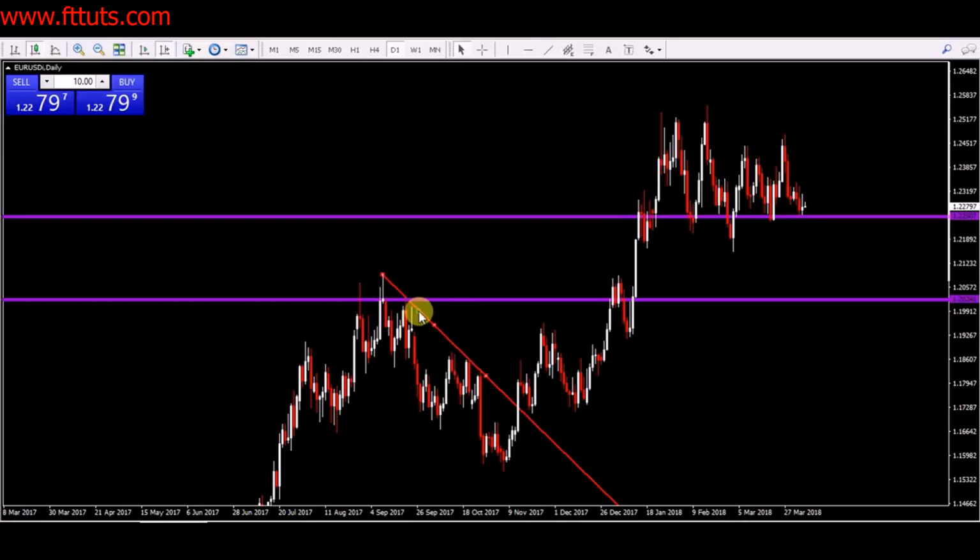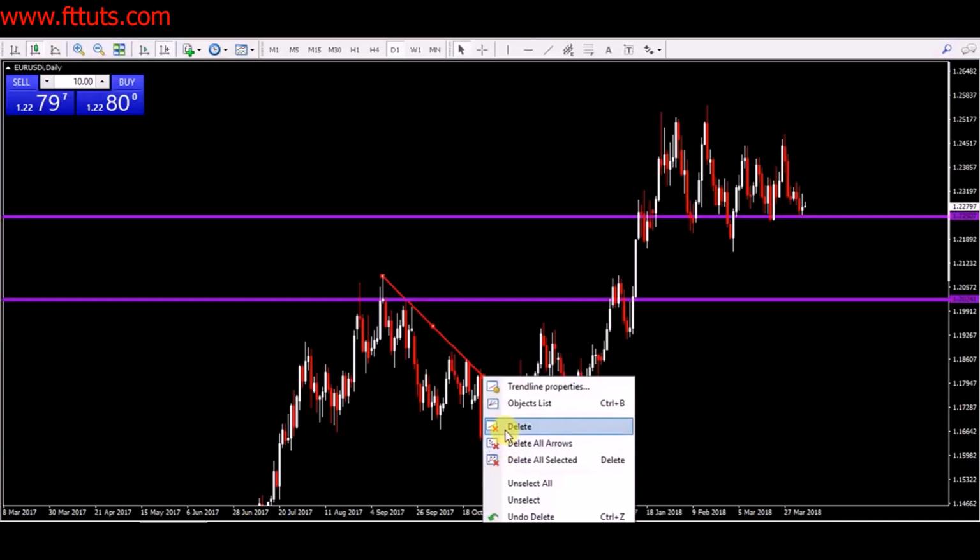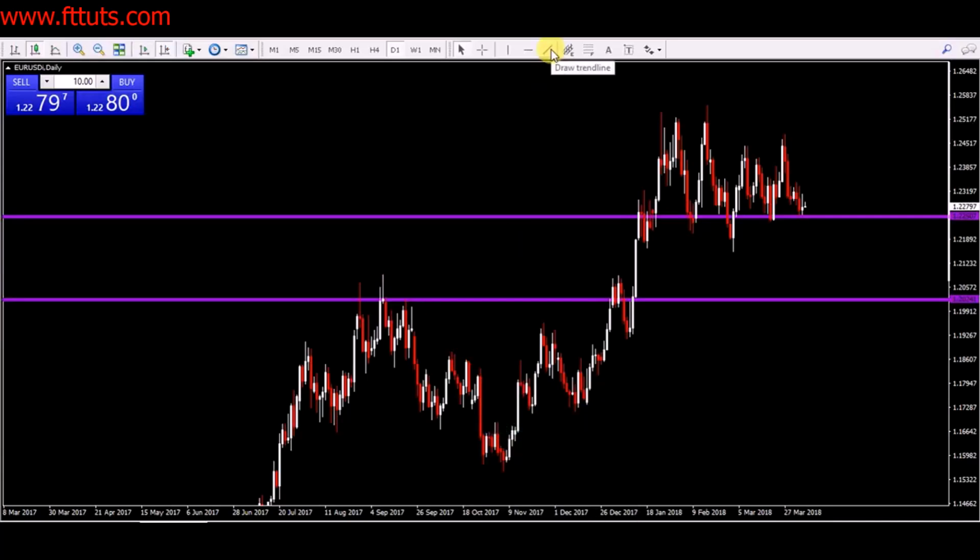Typically, how I connect my trend lines is by the wicks. Let me just delete this and show you how I drew this on. I know I want to draw a trend line there, I'll bring it around. Boom, right at the wicks.